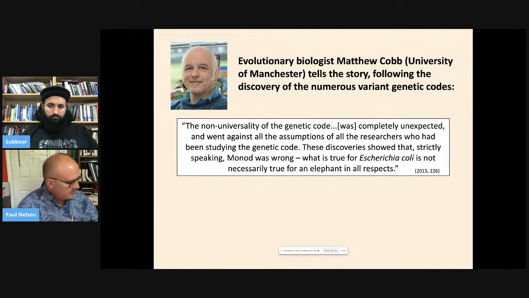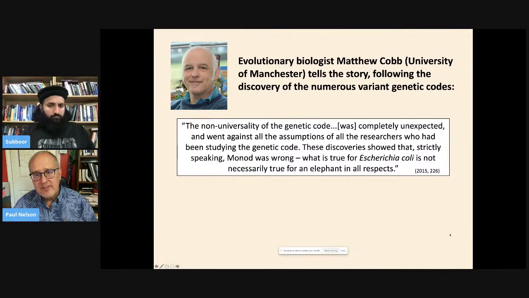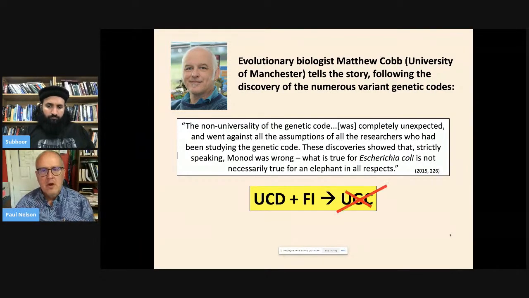I actually have it here sitting next to my computer. And he points out the non-universality of the code was completely unexpected and went against all the assumptions of all the researchers who had been studying the code. These discoveries showed that, strictly speaking, Jacques Monod was wrong. What is true for E. coli is not necessarily true for an elephant in all respects. Okay, observation tells us this is not true.